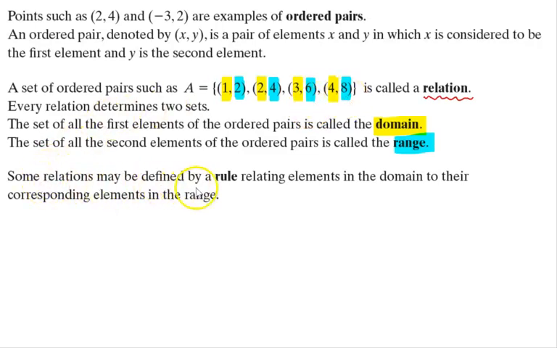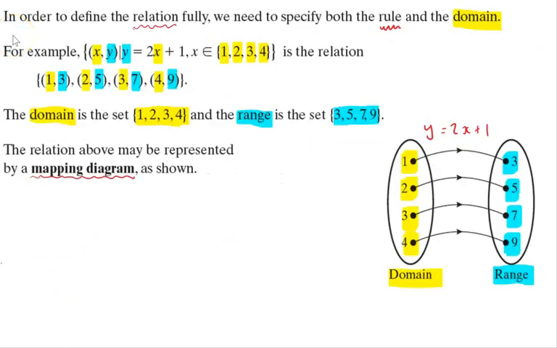Some relations may be defined by a rule relating elements in the domain to the corresponding elements in the range. In order to define the relation fully, we need to specify both the rule and the domain.